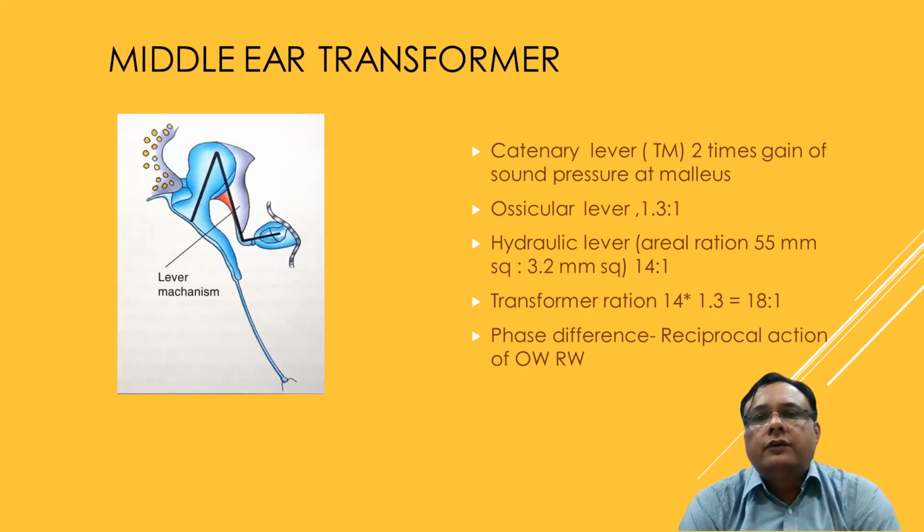That is around 14 to 1. So 14 into 1.3 is equal to 18 to 1. That is the overall transformer ratio of the middle ear. Phase difference also plays a role, that is the reciprocal action of OW and RW, that means oval window and round window.